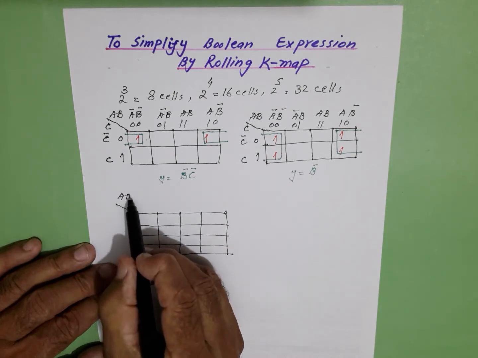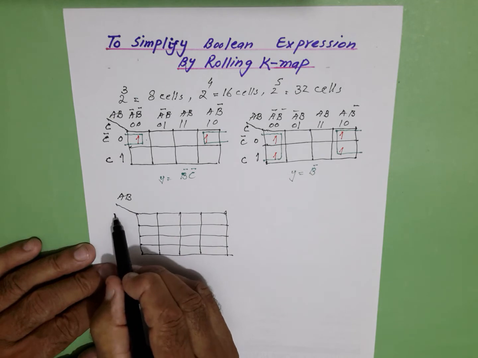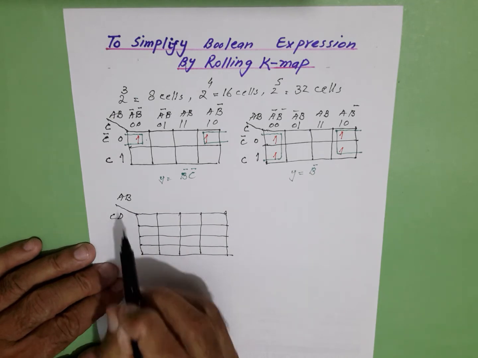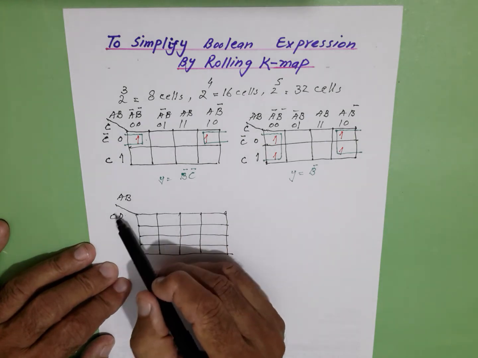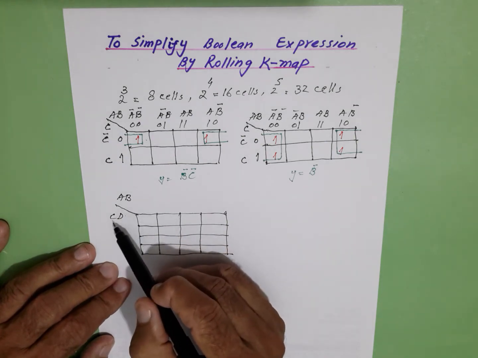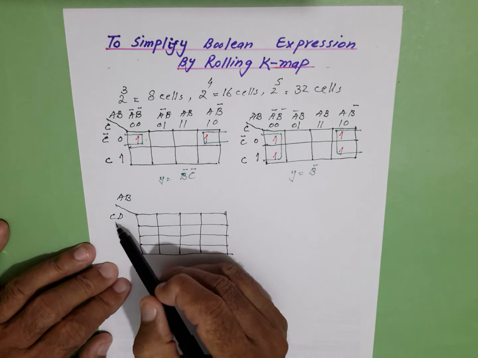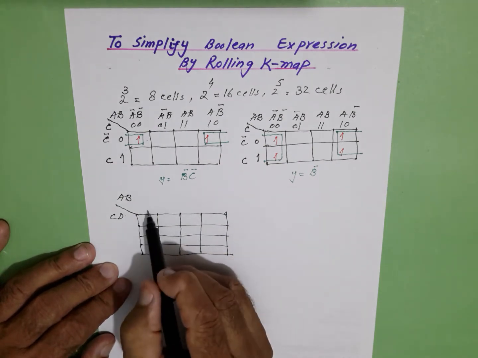A, B, C, D. We can use W, X, Y, Z. Y, Z can be written here and W, X downward, or we can write C, D here and A, B at this place.